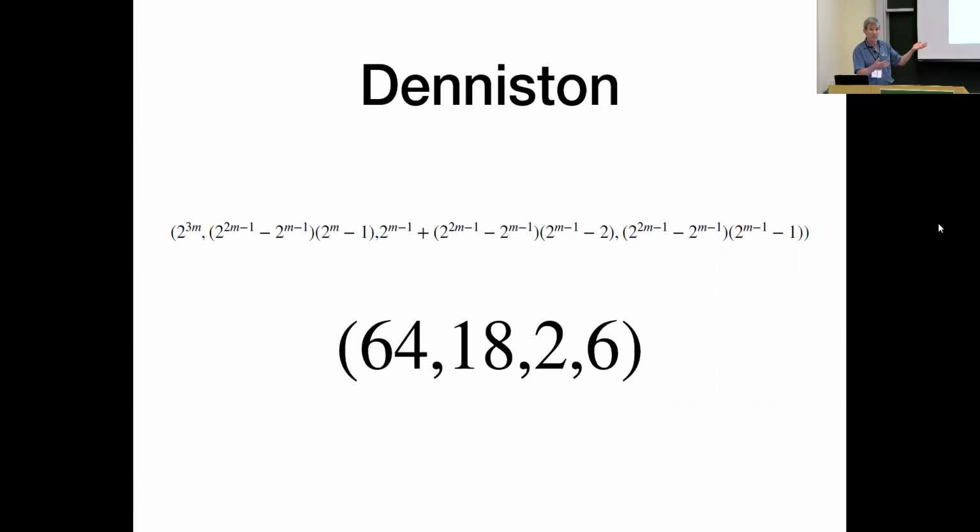That is a partial difference set. So when you extract what Denniston did, and I wrote it small, you don't need to know the details, he found partial difference sets with those parameters.